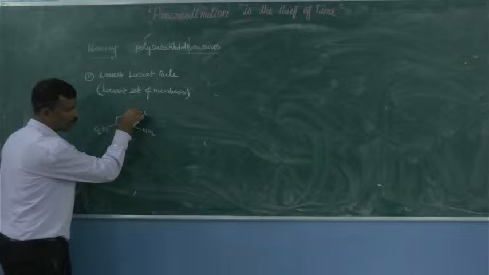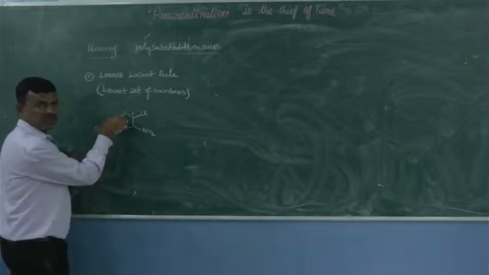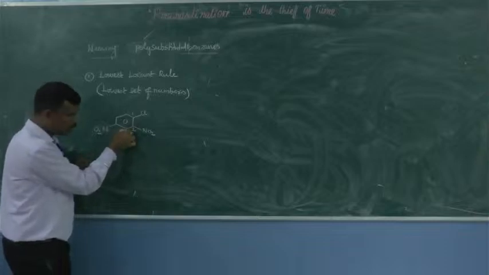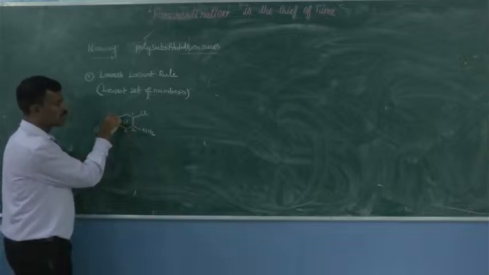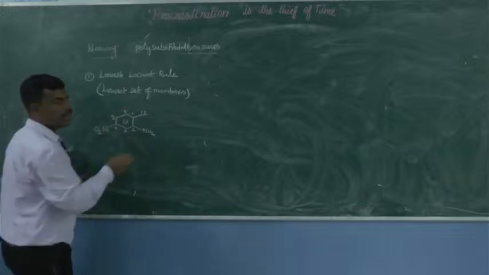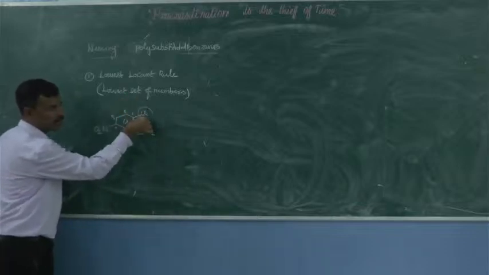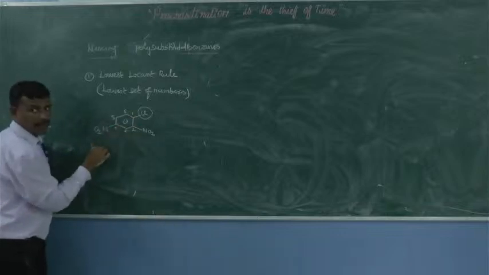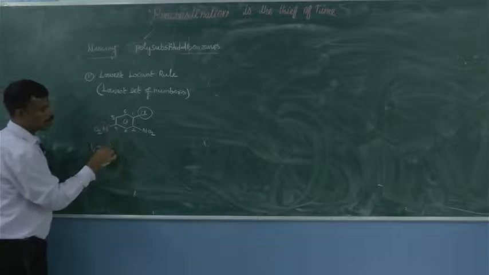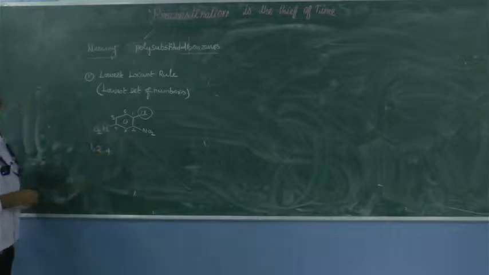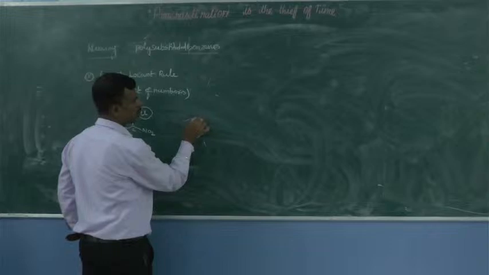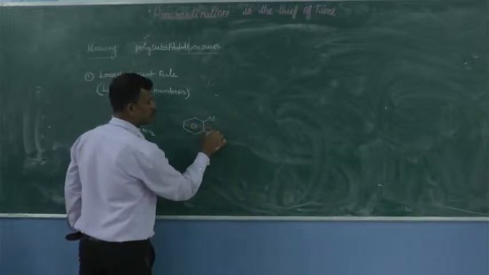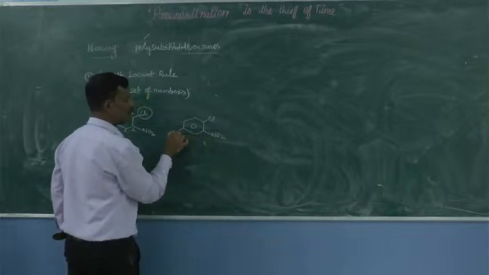You can start from here with 1. Here there is no substituent at 2, whereas on this side there is a substituent at 2, then next 3, 4, 5, 6. Mark where the substituents appear: at 1, then at 2, then in this case 4. Take this example: Cl, NO2 and NO2.